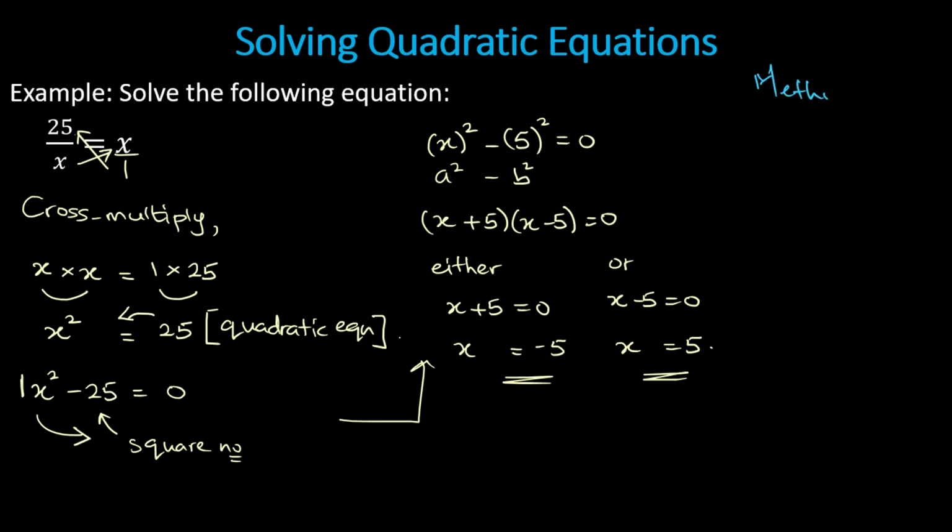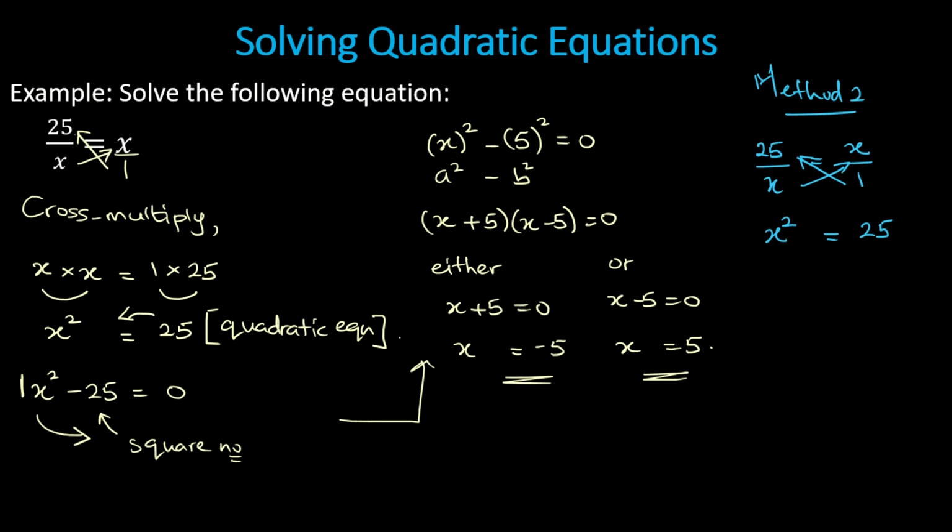method 2, we have 25 over x equal to x, which is simply x over 1. Again we use cross multiplication. X times x is x squared equal to 1 times 25 is 25.